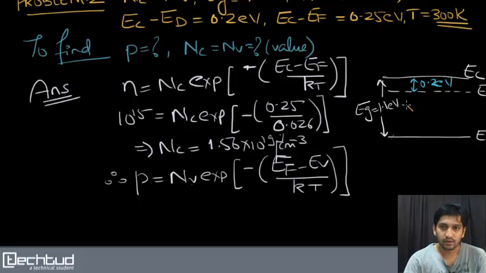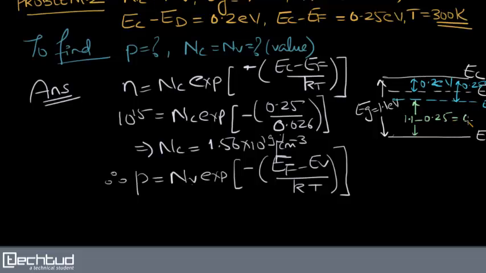The difference between EC and EF is 0.25 electron volt, so this is your EF. Now you need to determine the difference between EF and EV. Since this is 1.1, and this is 0.25, 1.1 minus 0.25 will be this difference, which is coming out to be 0.85 electron volt.